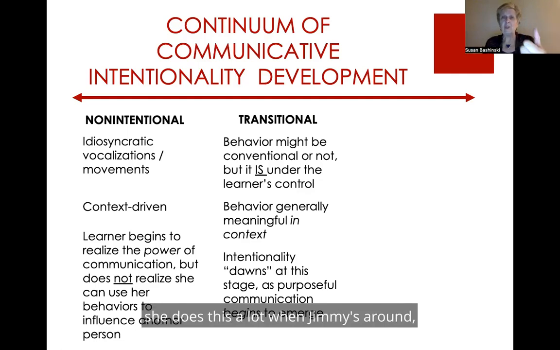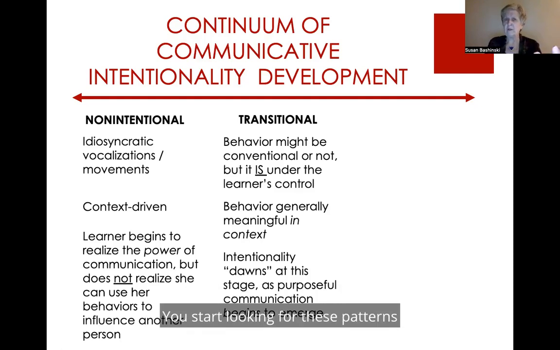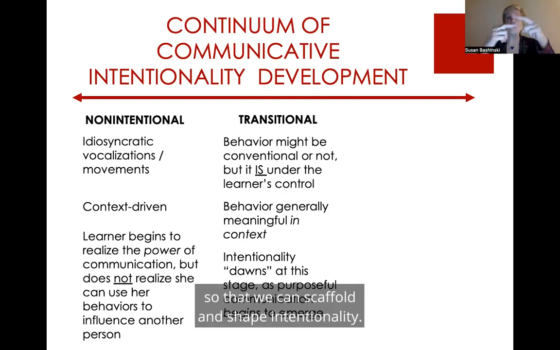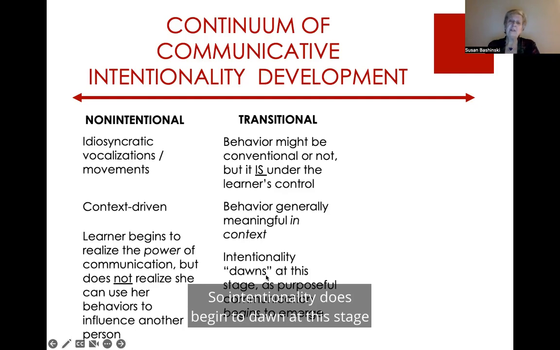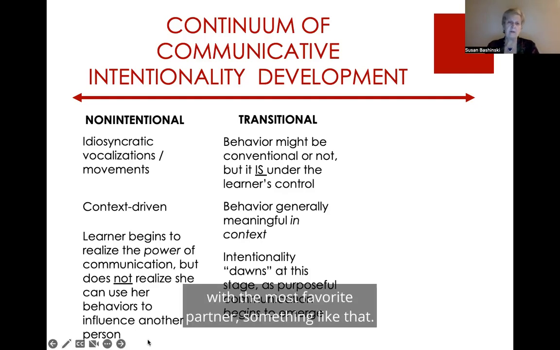She does this a lot when Jimmy's around. She does this a lot when Susie's around. She doesn't ever do this when Christopher's around. You start looking for these patterns so that we can scaffold and shape intentionality. So intentionality does begin to dawn at this stage as kids begin to connect more dots. And you'll begin to see purposeful, intentional communication emerge maybe in the most familiar environment with the most favorite partner, something like that.